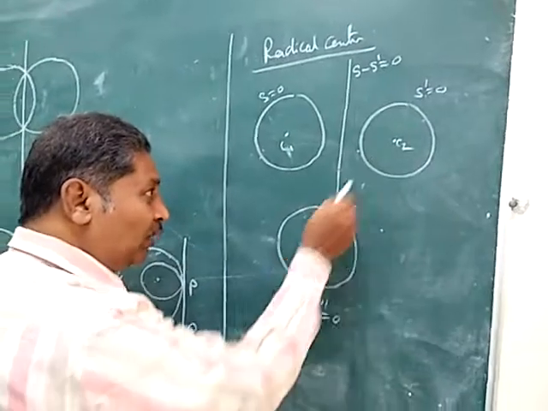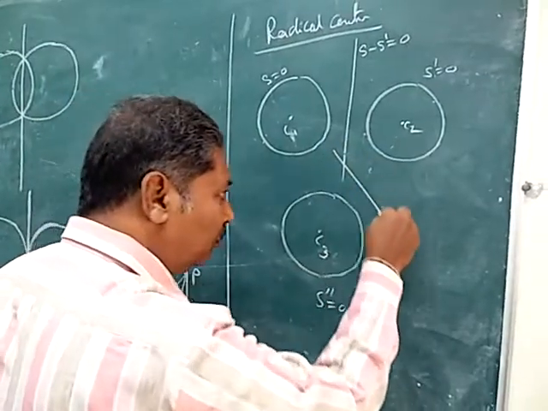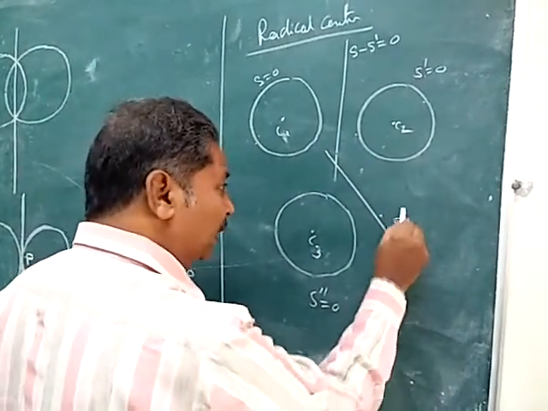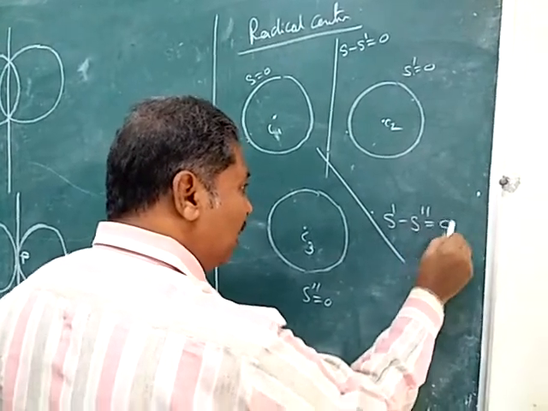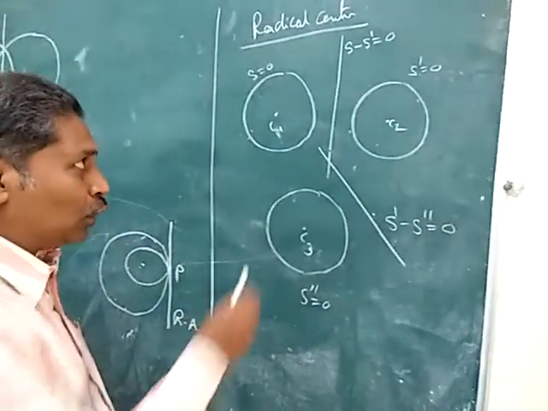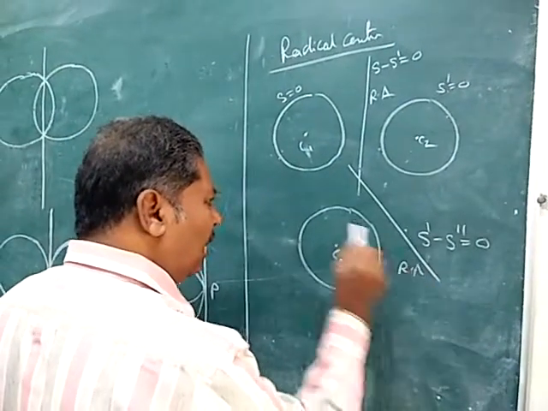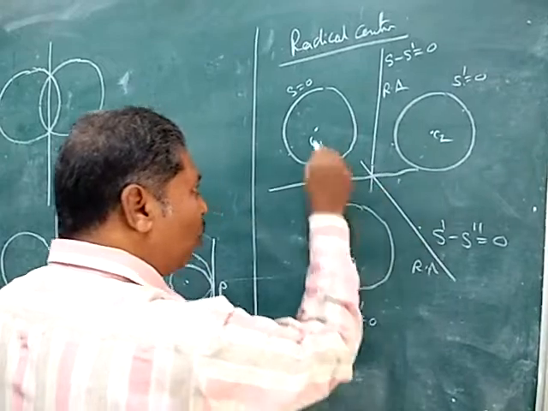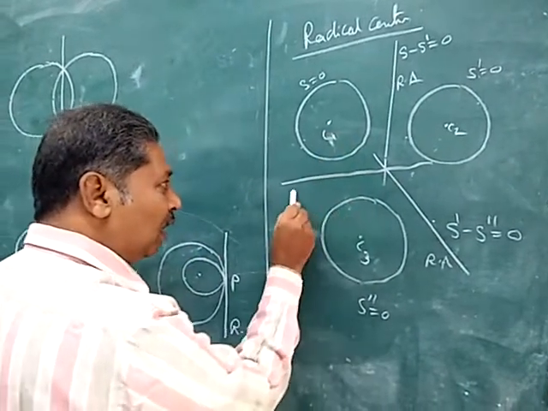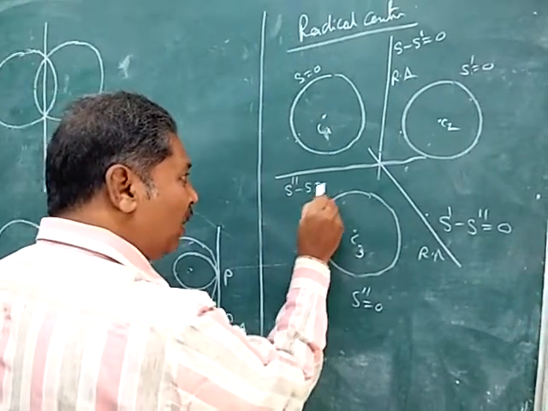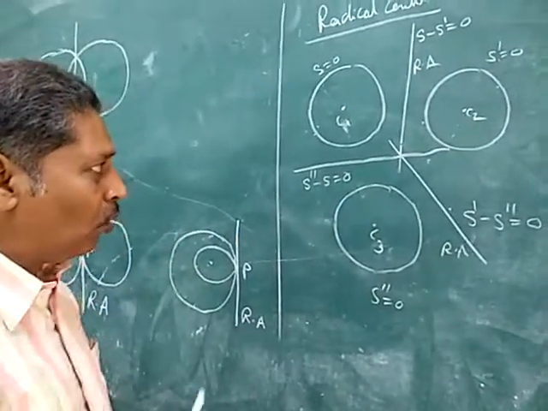The radical axis of the second and third circles is S dash minus S double dash equal to 0. Similarly, the radical axis of the first and third circles is S double dash minus S equal to 0.